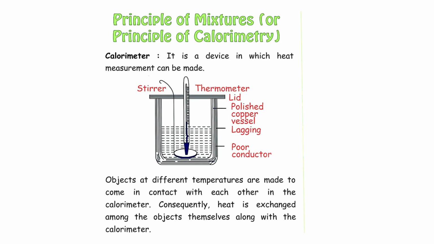Now we see the diagram. This diagram represents the calorimeter. Now we need to understand one topic, that is the principle of mixtures, or the principle of calorimetry. So what is the calorimeter? It is a device in which heat measurements can be made. Heat can be measured in the calorimeter, and the temperature can be measured with the thermometer.